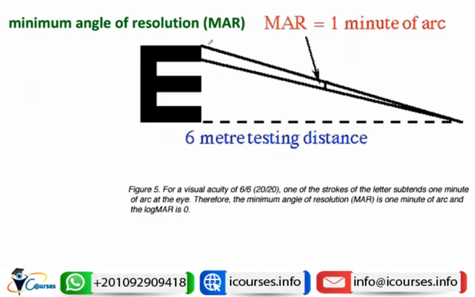So this 1 minute of arc is called the minimum angle of resolution, or MAR. The minimum angle of resolution for a normal individual is 1 minute of arc at a 6 meter distance.